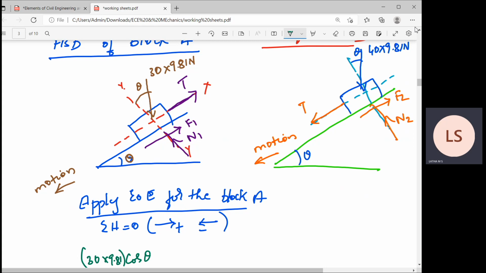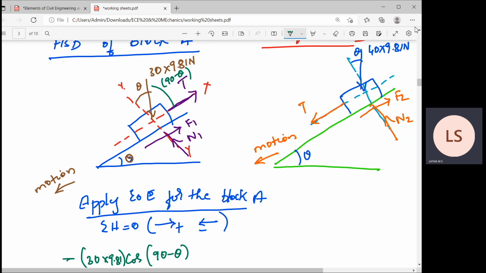I'm resolving, so this will be 90 minus theta. This angle will be 90 minus theta. Okay, and it is negative. It is moving to the left when I resolve it.